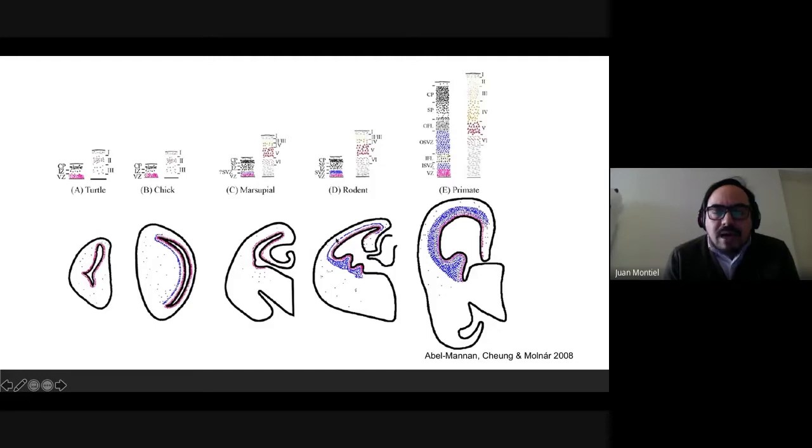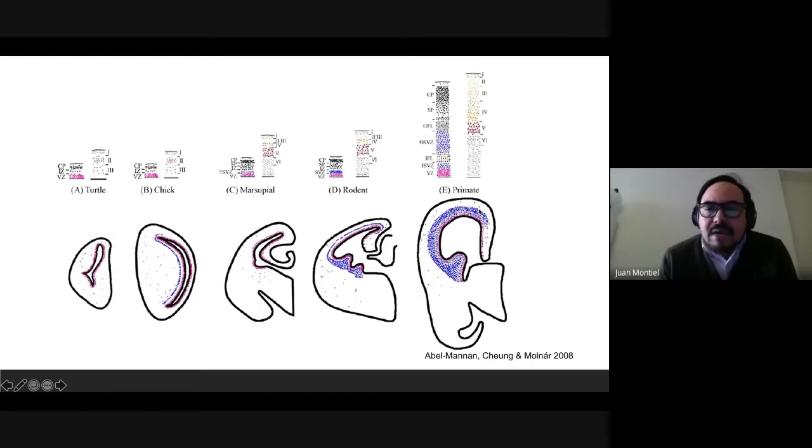These progenitors we can see in the pallium, in the dorsal part of the brain, and also in the subpallium that is going to form mostly the striatum. So we can see here, at the level of proliferative regions, more complexity in the rodent and of course in the primate brain. That could be related with the higher expansion of the cerebral cortex and more complexity.